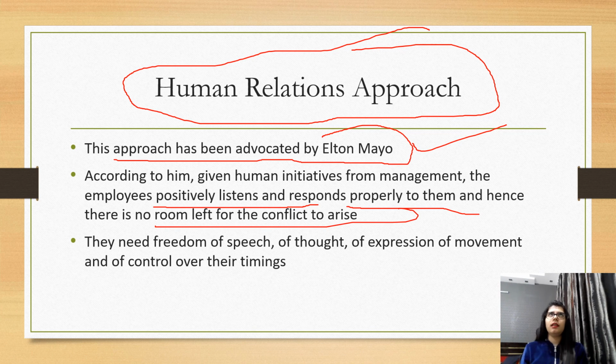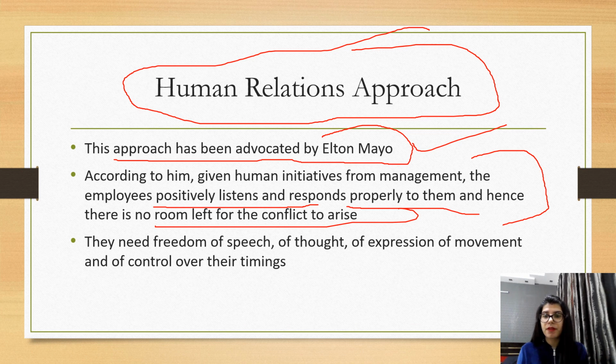So what Elton Mayo said is that the workers should also have a good role in the organization. They should be listened to, ठीक है, whatever their issues are, right, and we should be empathetic towards them. We should understand what are their human needs as well, right. So if we understood all this, then there would be no room left for conflict to arise according to this approach, okay.